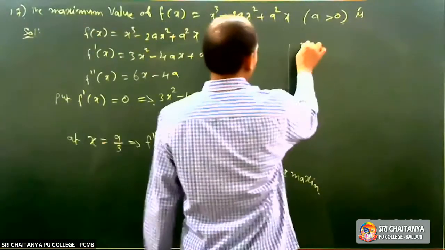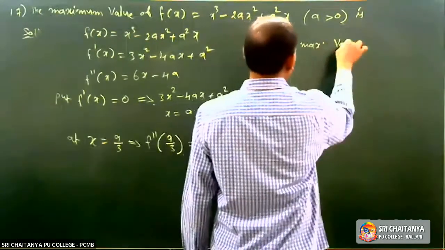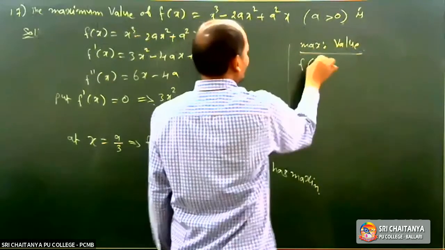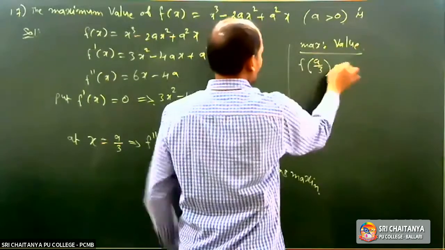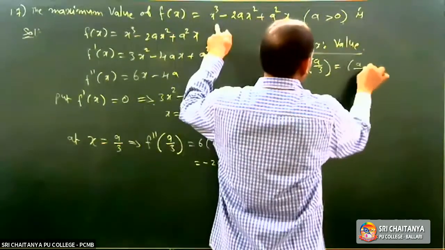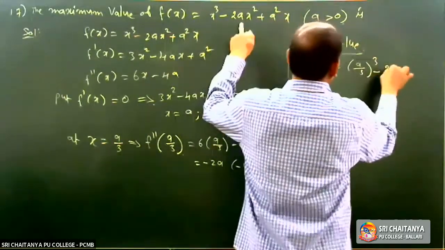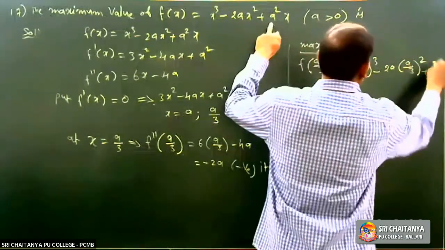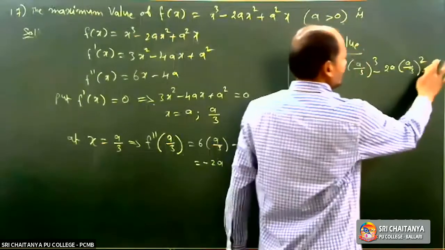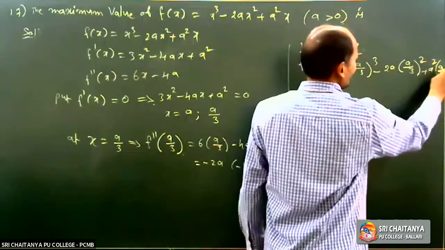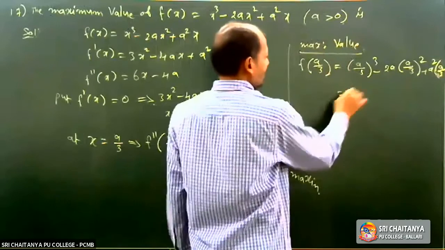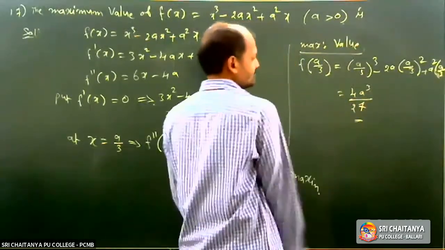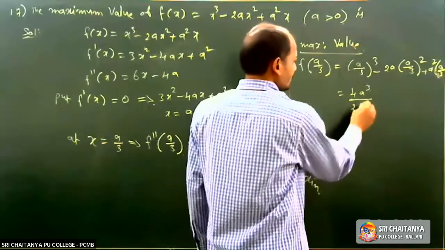So the maximum value, that means f of a by 3. It is a by 3 whole power 3, minus 2a into a by 3 whole square, plus a square into a by 3. We get 4a cube divided by 27. Okay? Write down.